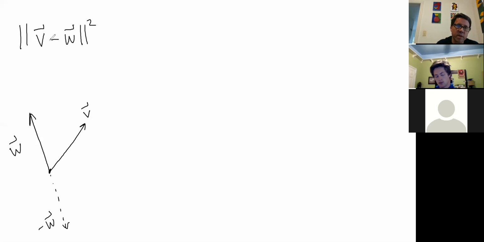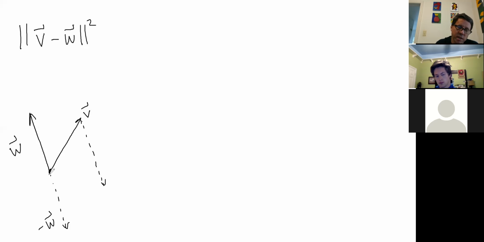Think of this as V, and then I'm adding on the opposite of W. Oops, lost V. So if I go V, and then I go the opposite of W, I have to move it over here.